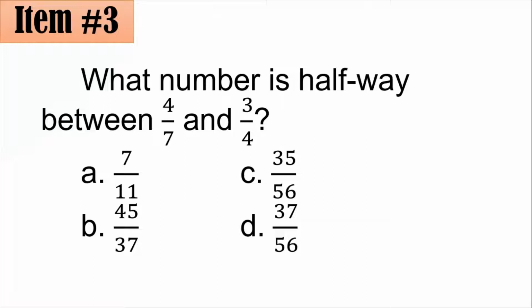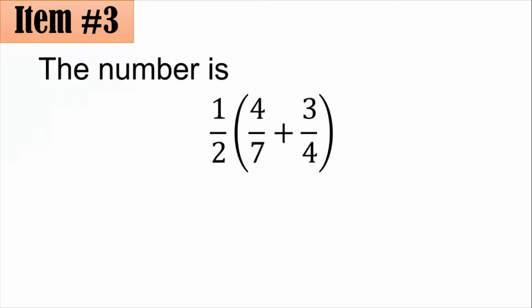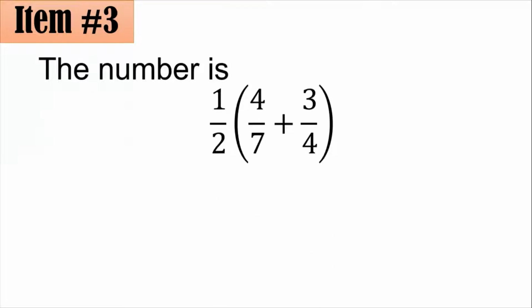So when we speak about the number halfway here, to get the number halfway of two numbers, all you have to do is add them, then divide the result by 2, or multiply the result by 1/2. So I have here 1/2 the sum of 4/7 and 3/4.